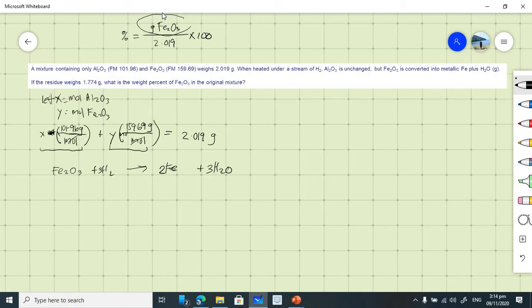So, meaning, this 1.774 grams is the mass of the Al2O3 that did not react, plus the iron that was produced. Right? So, the 2.019 minus 1.774 is equal to the grams of oxygen that was removed from the Fe2O3. Right?